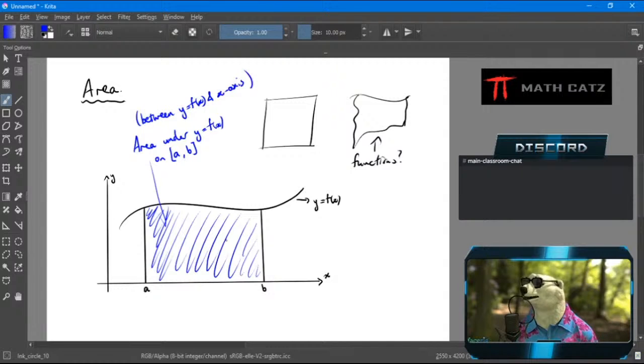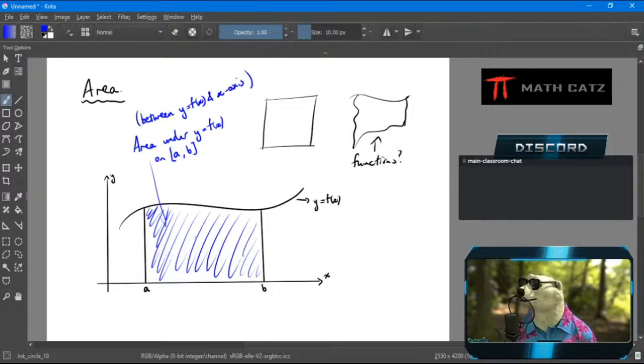But for our initial step, it's always going to be straight line boundaries between two x values and the x-axis. So we casually say the area under; there's usually no confusion in this first basic case.